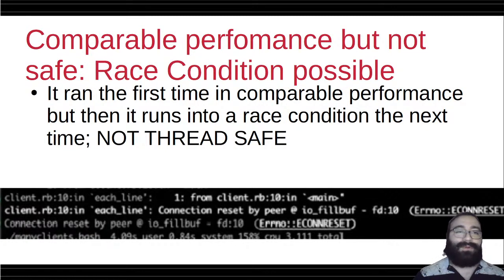And we have comparable performance, but the second time that it's run, it actually runs into a race condition, so it's not thread safe. What happens is if one of the threads finishes earlier and the other one's still working, they start desynchronizing, so the other one asks already for the next resource.